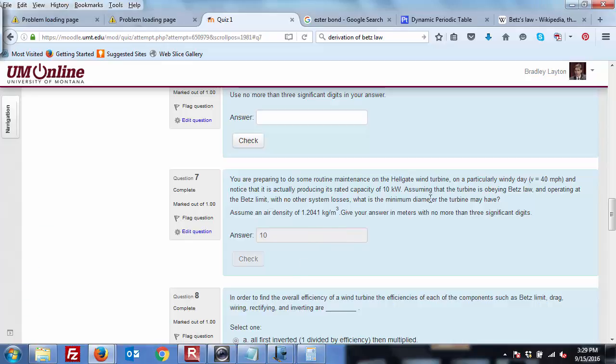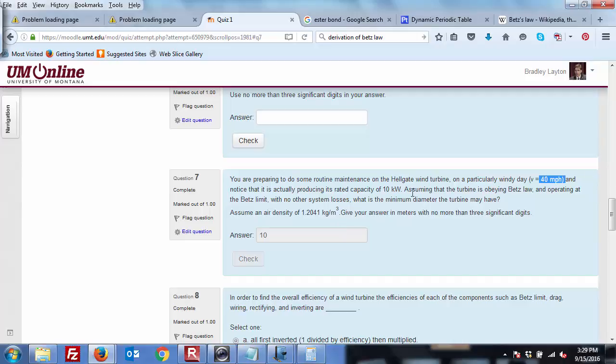Yeah, and just be sure that you're using constant units. Don't mix your miles per hour and your meters per second. It will not work. So I've given this to you in miles per hour. In general, it's almost always easier to work in SI units. Just take your velocity, convert it to meters per second, and proceed.